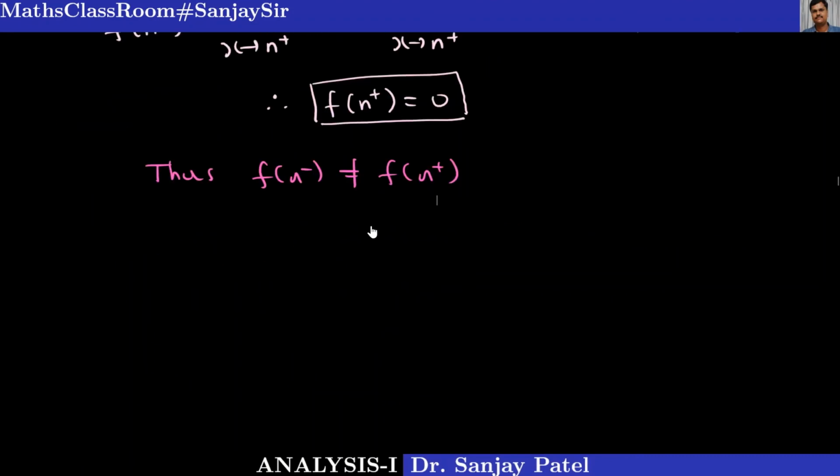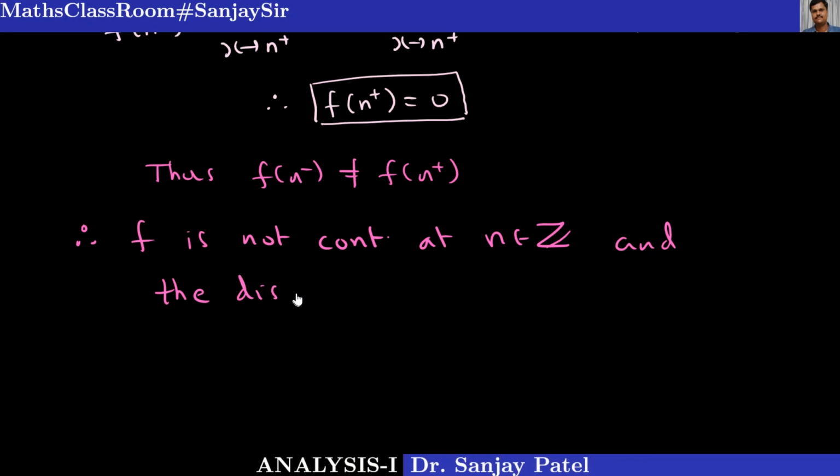So the conclusion is f is not continuous at n belonging to Z, and since both the limits exist, the discontinuity is of the first kind.